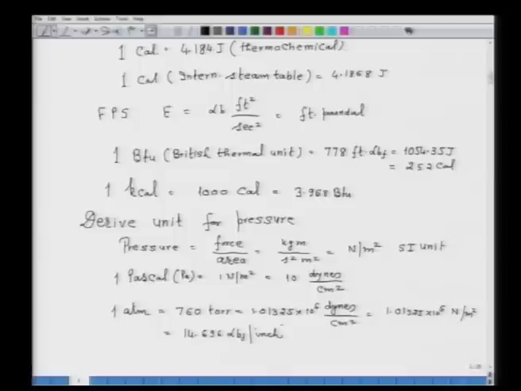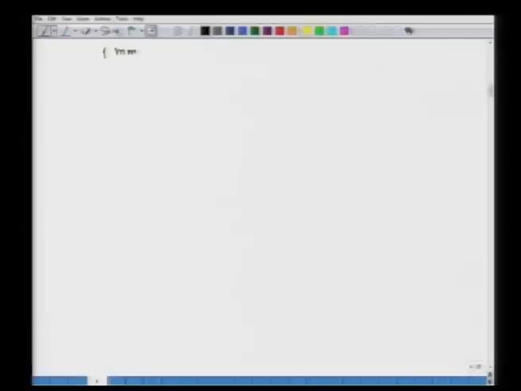per inch square. Now, also to remember, 1 millimeter mercury is equal to 1 torr, because these units are very often used in vacuum, and when very low pressure is required, you express it in millimeter mercury. That is equal to 0.01934 pound force per inch square, and that is also equal to 1.333 into 10 to the power 3 dynes per centimeter square.